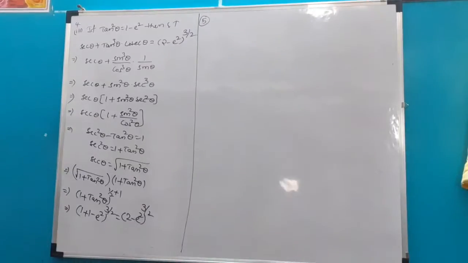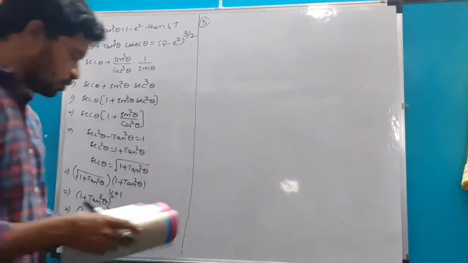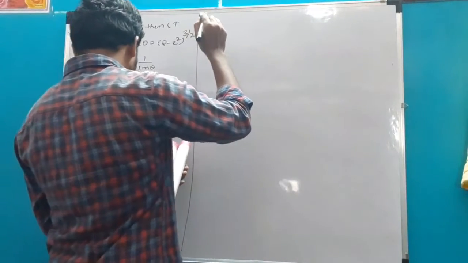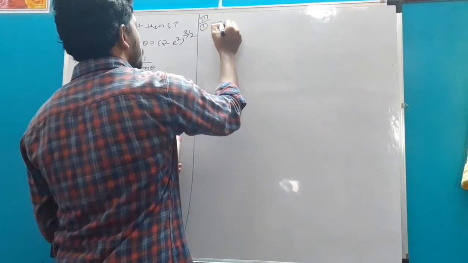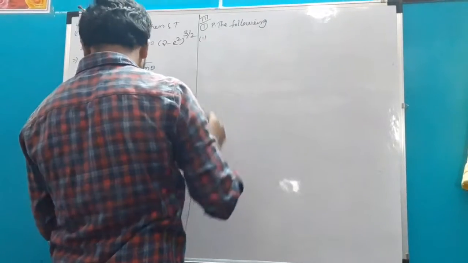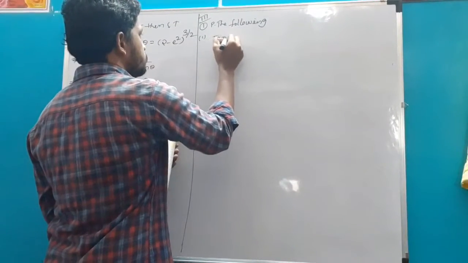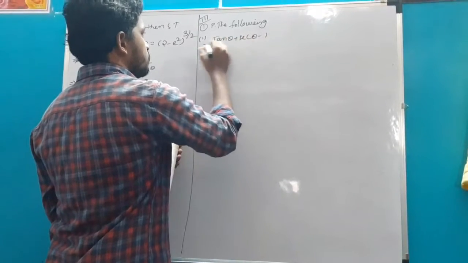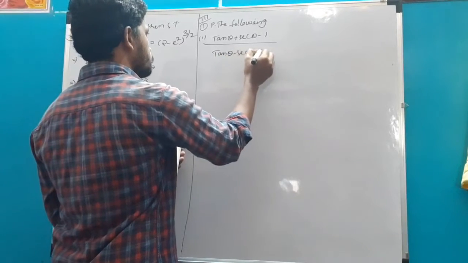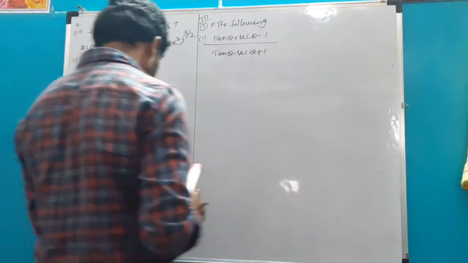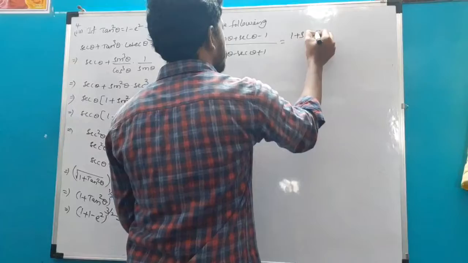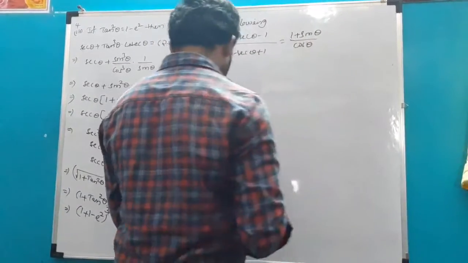Next question, fifth one, Roman number 3. Prove the following. The first one is important. Tan theta plus secant theta minus 1 by tan theta minus secant theta plus 1, which is equal to 1 plus sin theta by cos theta.